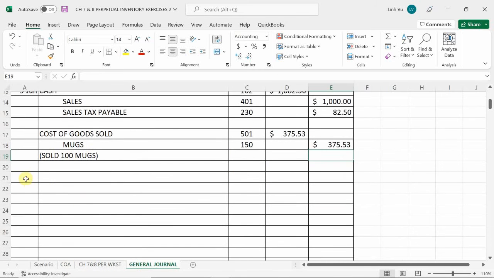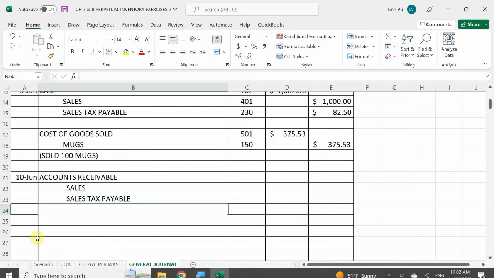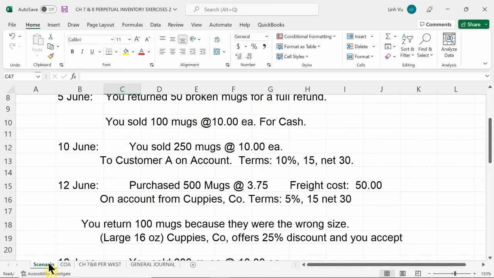Okay? And it was June 10, account receivable. We sold, and we charge sales tax. Okay? So in this case, let's just double confirm that we sold 250 mugs at $10 each to customer A on an account. Terms was 10%, 15 net 30.